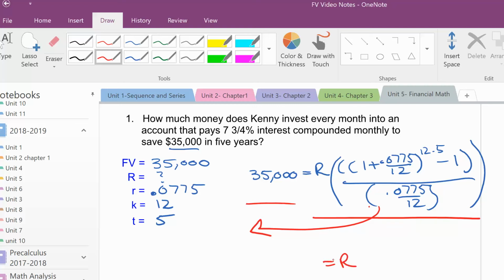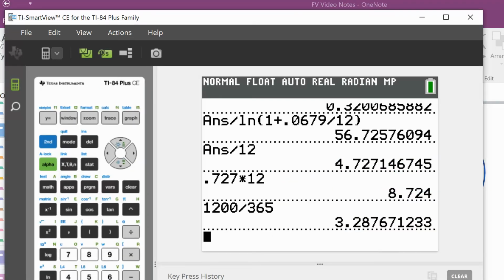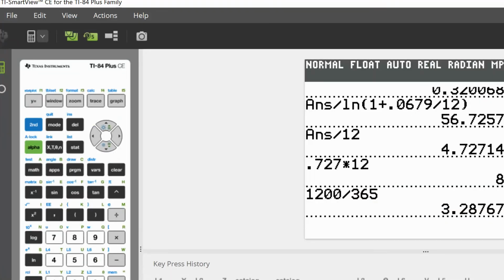So when you type this in your calculator, it should look like this. So it's 35,000 divided by. Now for future value, you need 3 parentheses, not 4, 3.